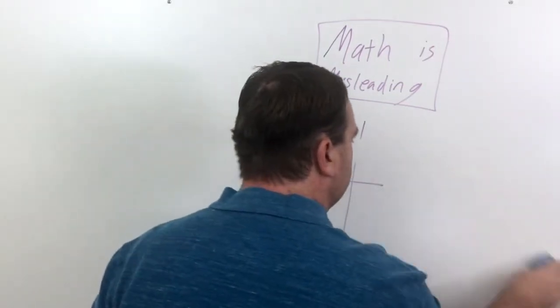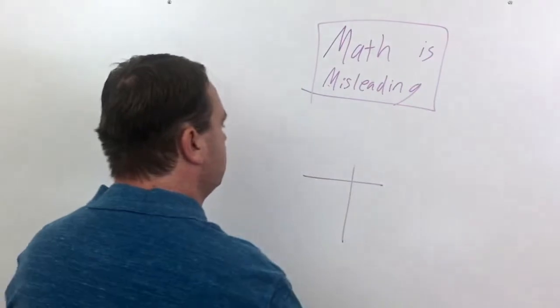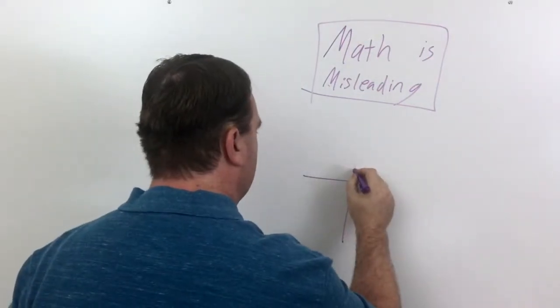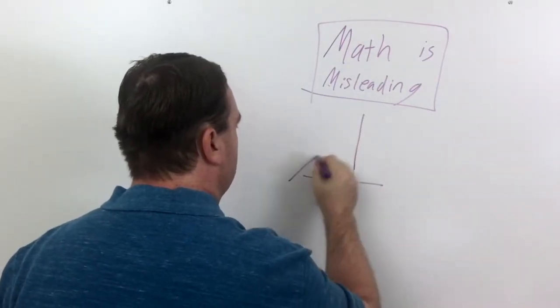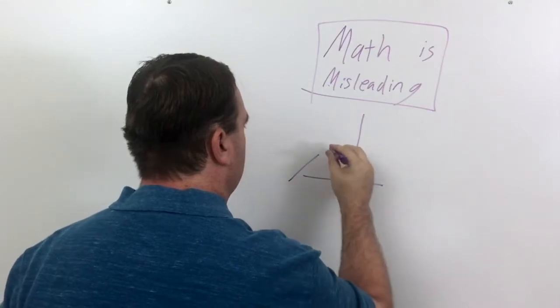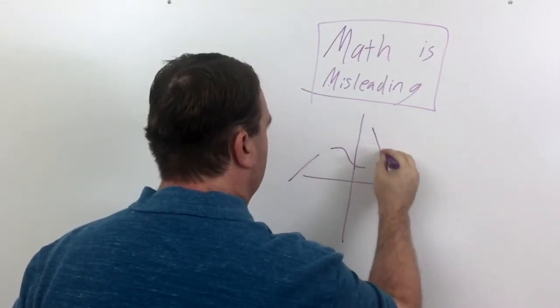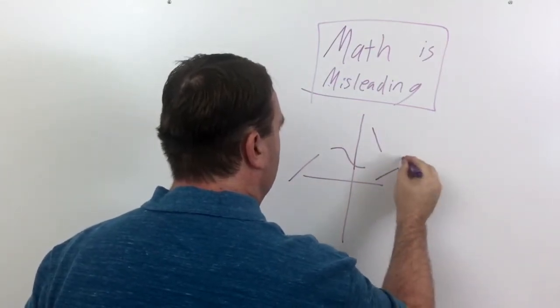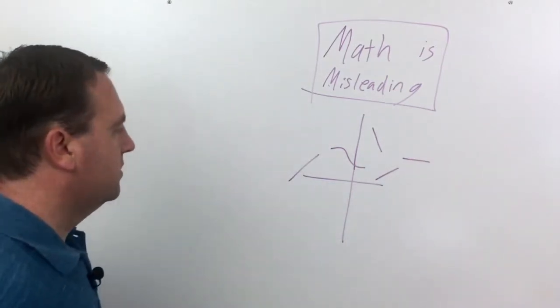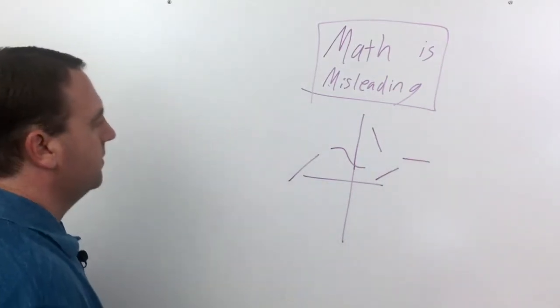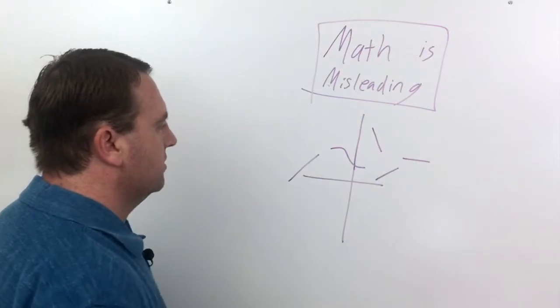So for example, a hard function to analyze. So this is a function. It's an ugly function, right?